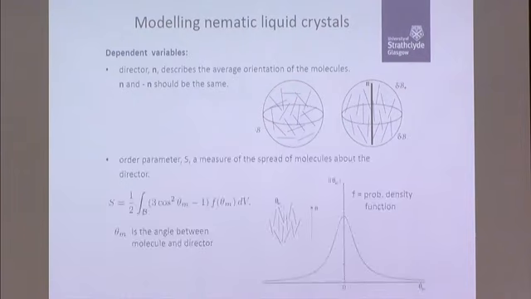Well, the other parameter that we might want to measure is not simply the direction, but what the spread around our average direction is. So we use essentially the probability density function of the angle, theta m, which is the angle between the molecule and the director. Okay, so this is the appropriate measure of the spread of the molecular distribution about the director.